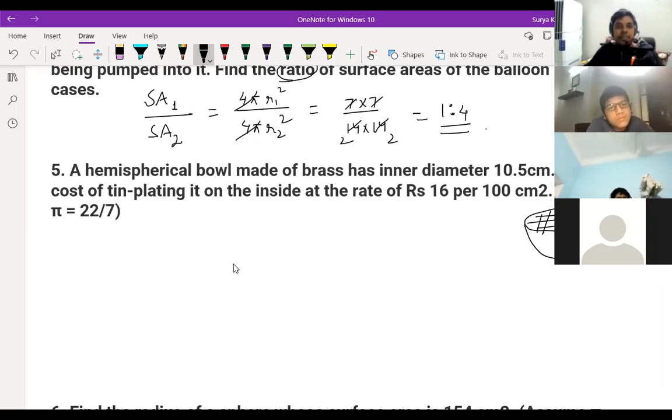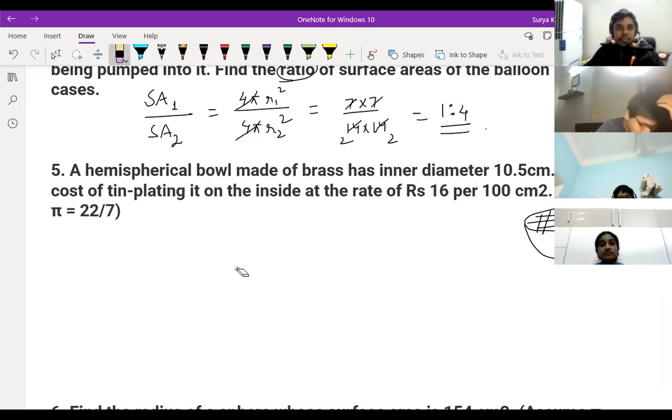Find the cost of tin plating it on the inner side at the rate of rupees 16 per 100 centimeter square. See here, children, again 100 centimeter square is coming. They should multiply by 16 and divide by 100. Understood?